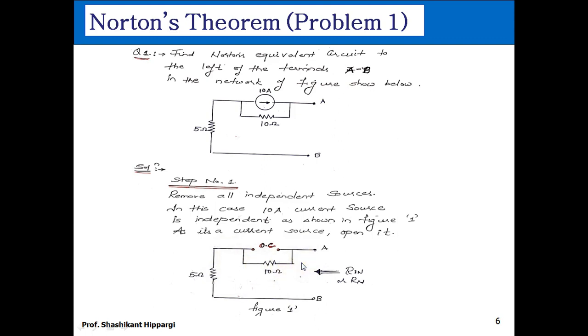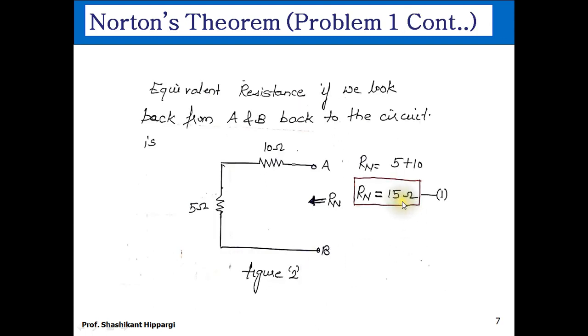So Rn or Rin will be like this. From point A to point B, I am having two resistances which are in series to each other. So Rn will be equal to 5 plus 10, which is 15 ohm. So this is the equivalent resistance or Norton's resistance between the point A and B.